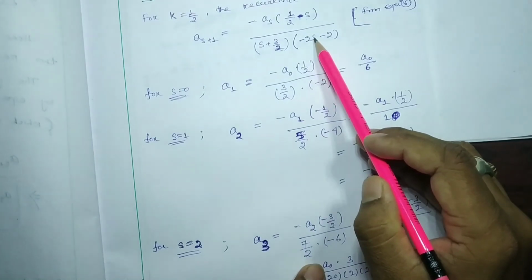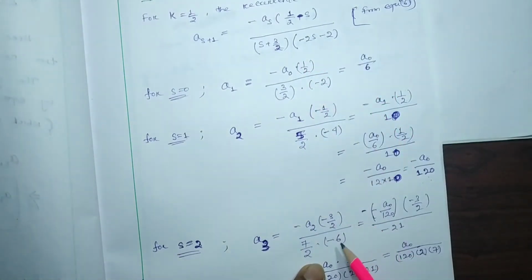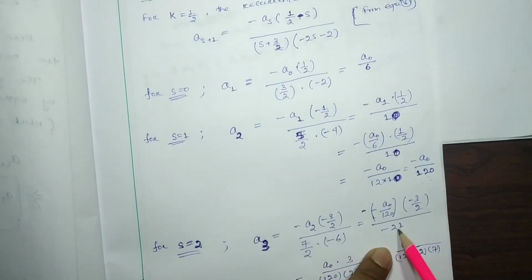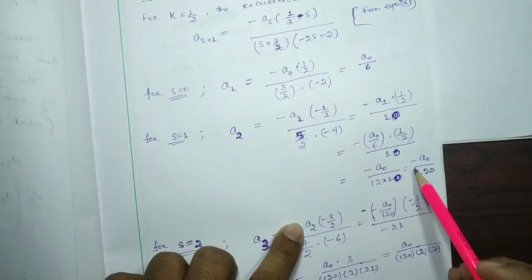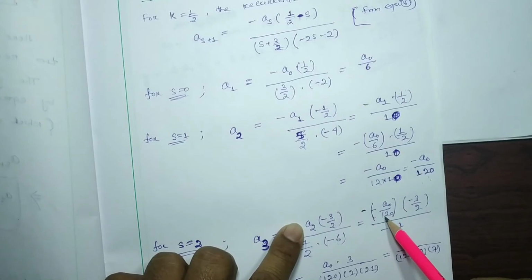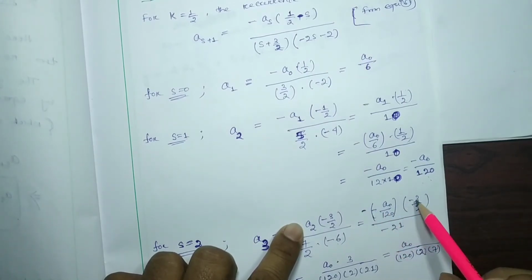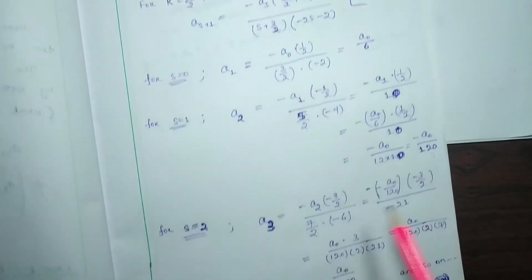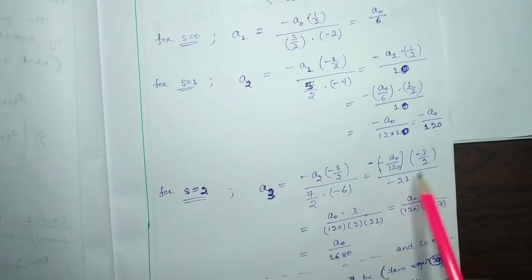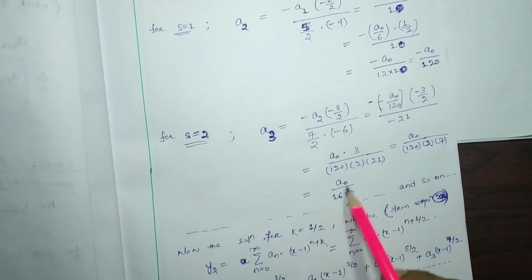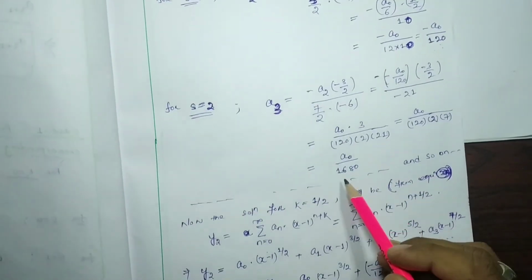Here 2 minus 4 minus 2, minus 6. 2 minus 6 is 3. 7 into 3, 21. So minus already is there. The a2 value we have to put, minus a0 by 120. Here minus is there, so minus minus plus. So it will be a0 into 3 whole divided by 120 into 21. So it will be a0 by 1680.